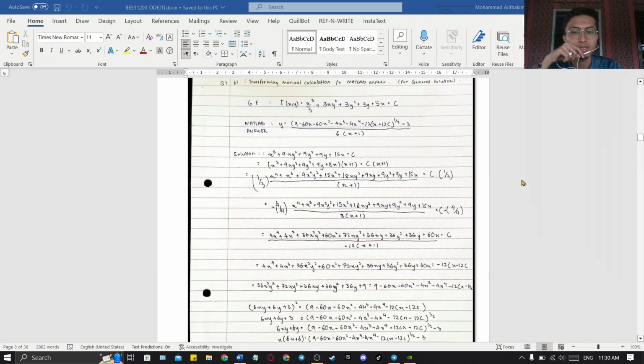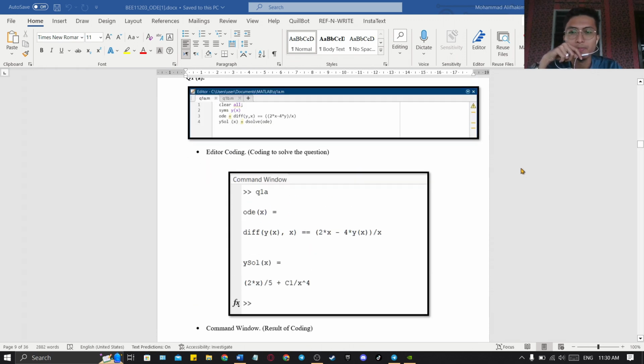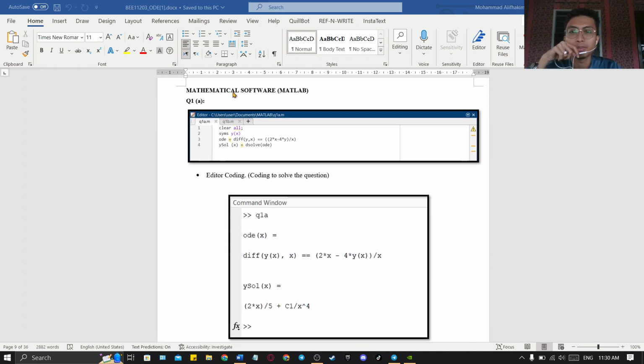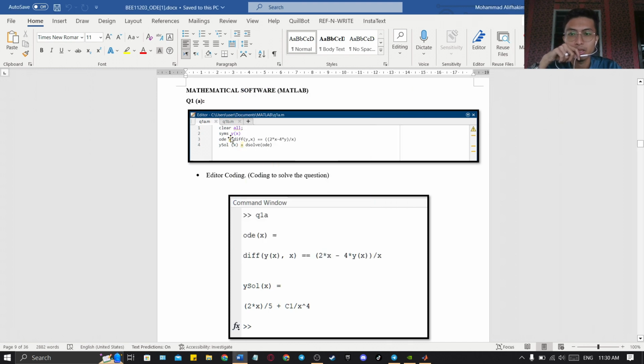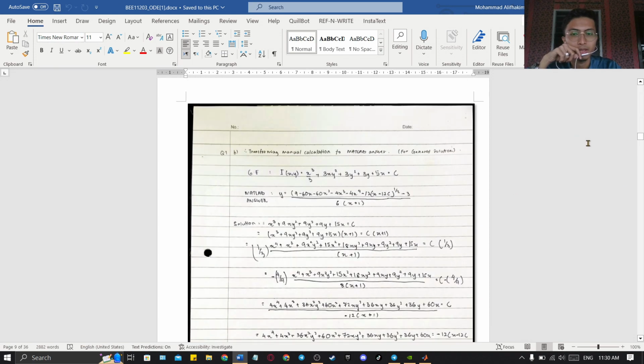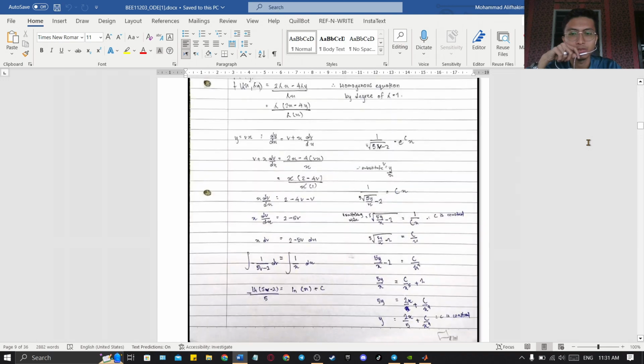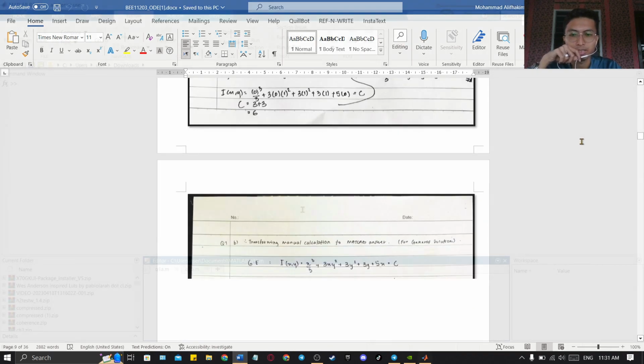Hold on a second, we're going to open my MATLAB. Here is the mathematical software MATLAB. You can see we enter at the editor: clear all, syms y(x), and ODE equals diff y(x). We just enter the equation from the question.